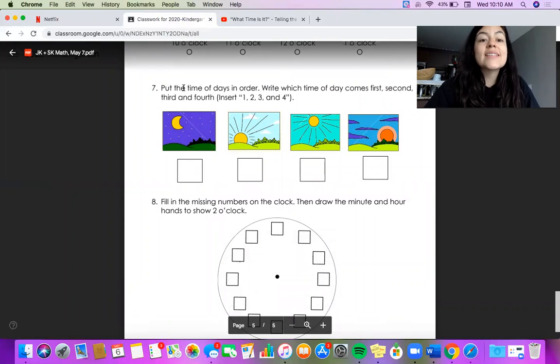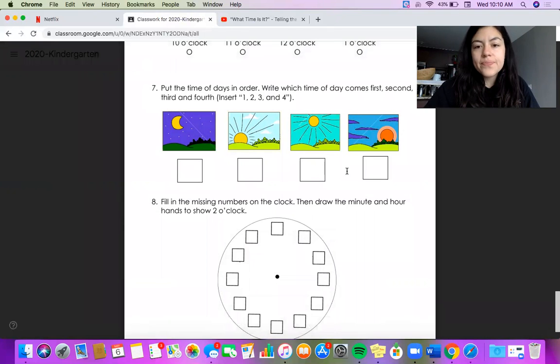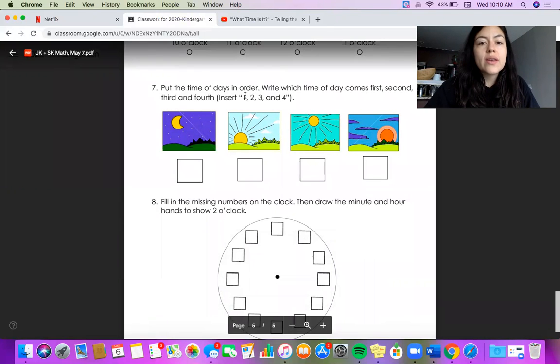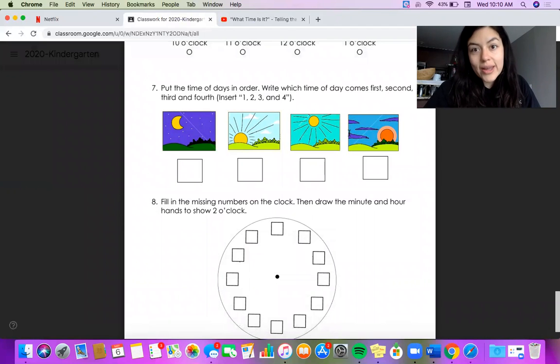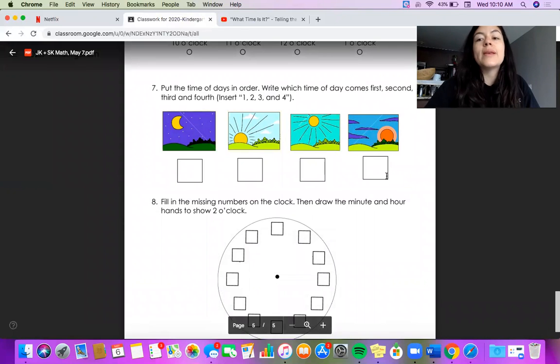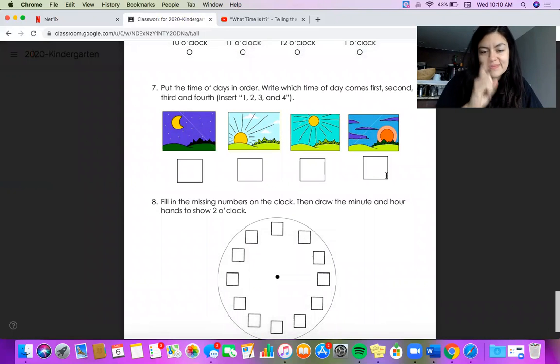Put the times of day in order. So write which time of day comes first, second, third, and fourth. So here you have little boxes at the bottom. You need to write in 1, 2, 3, 4 in the right order. So, one hint is that morning comes first. So whatever picture is morning will be number 1.